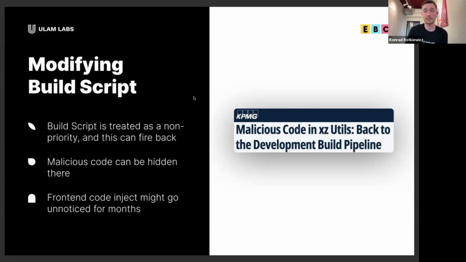XZ Utils is a really tiny library that is used by the SSH daemon. One of the contributors, who, as far as I remember, was anonymous, placed malicious code in the build system, in the development pipeline, and it went undetected. Nobody checked it because it was just a build system. Later on, someone was running some tests on the new version of the SSH daemon and noticed that establishing a connection took 400 milliseconds more.